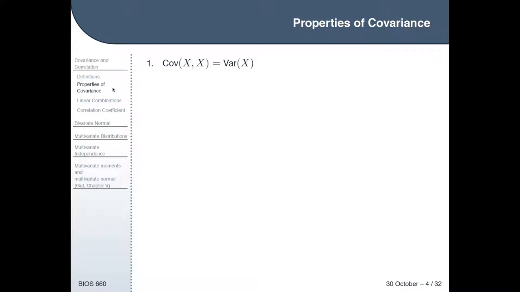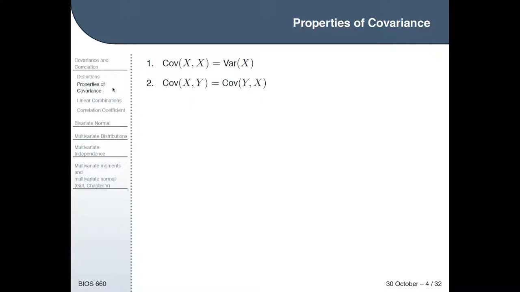A few properties of the covariance. If you take the covariance of a variable with itself, that's always just equal to the variance of that variable. You can see that immediately from the formula on the previous slide. The expected value of x minus mu x times x minus mu x is just x minus mu x squared, which is the definition of the variance.